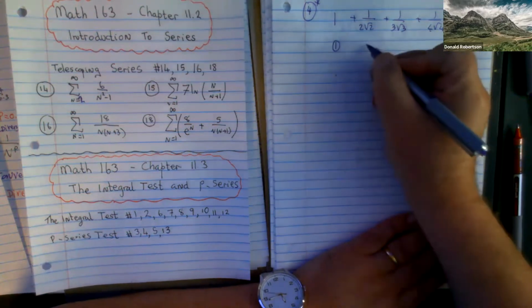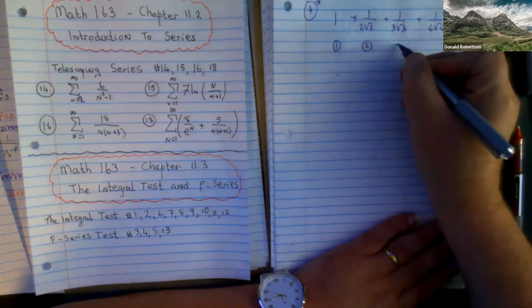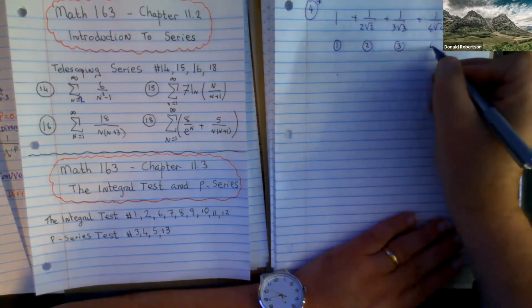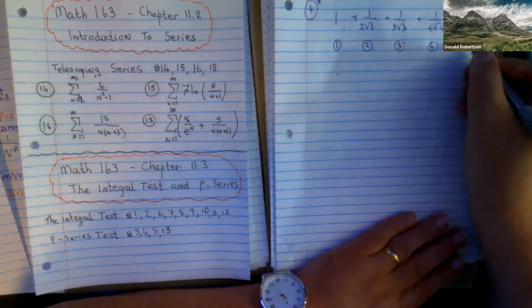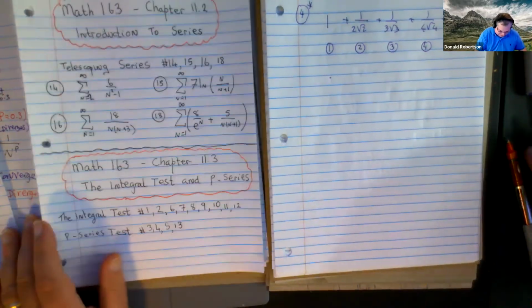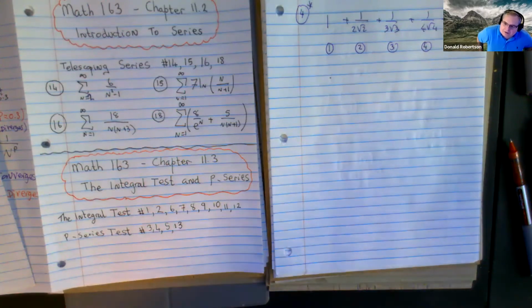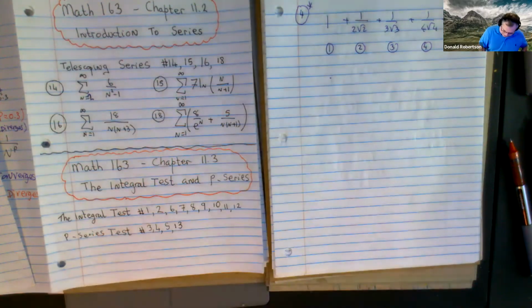This is the first guy. This is the second guy. This is the third guy. This is the fourth guy. I need to figure out what the general nth guy would be like. So we're looking for a formula to make this guy happen.